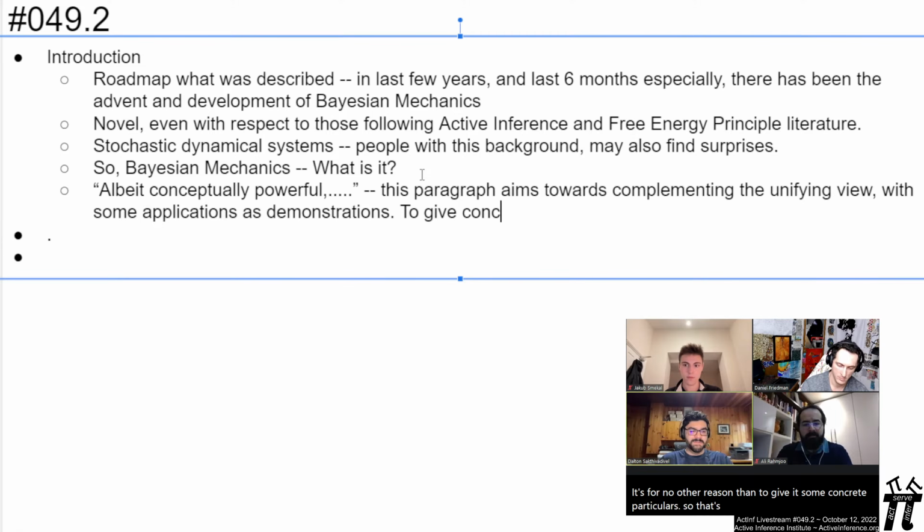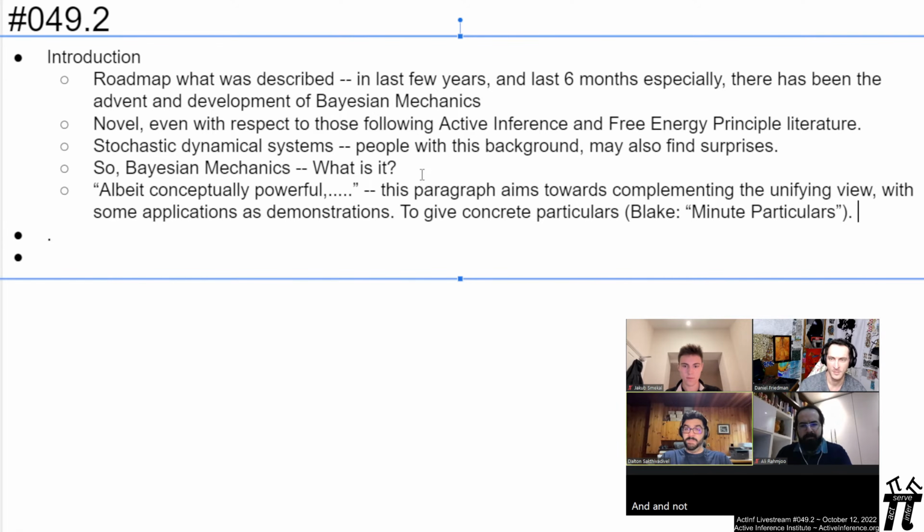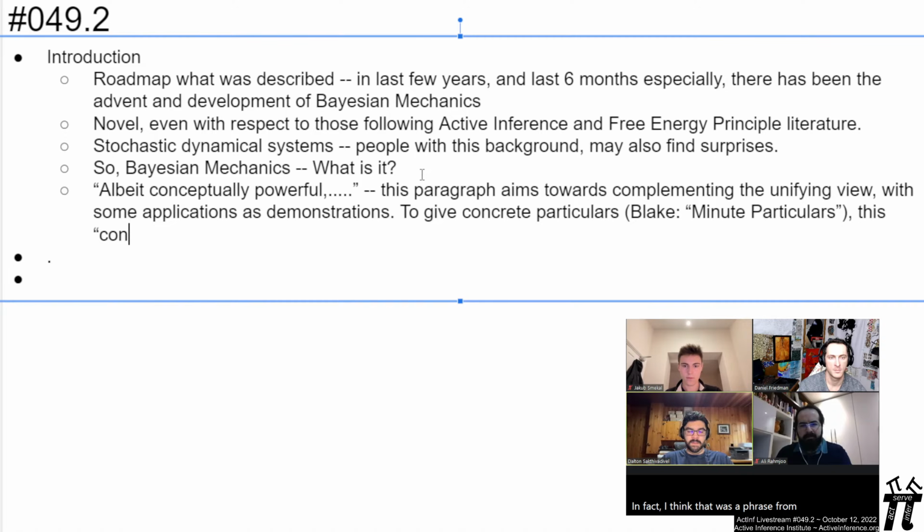So that's actually a phrase from category theory, which is probably appropriate, given that category theory is very interested in the general and the abstract, and not so much in the concrete particular. In fact, I think that was a phrase from Lawvere, who's one of the most famous, well-known category theorists.